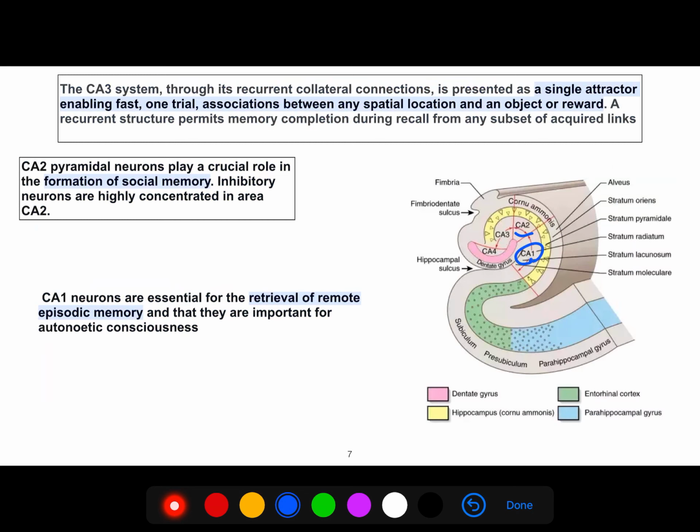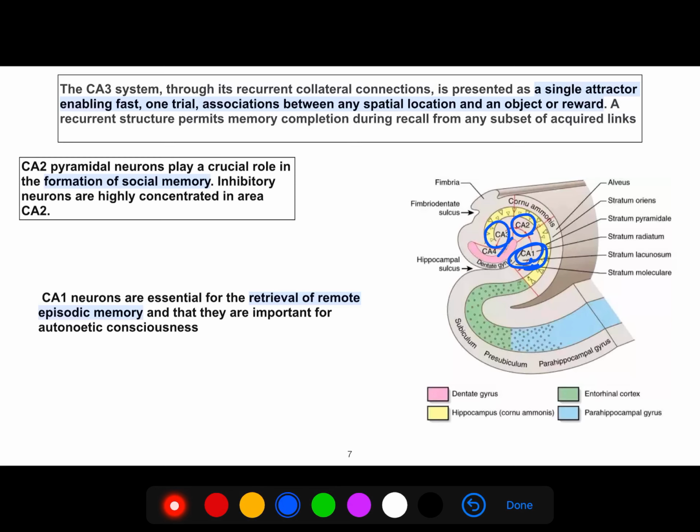So let's focus on hippocampus. You know, CA1, CA2. It's like a pipeline through your architecture. And CA1 neurons, this one is very interesting, are essential for retrieval of remote episodic memory, and they are important for autonoetic consciousness. And CA3 is important as well.